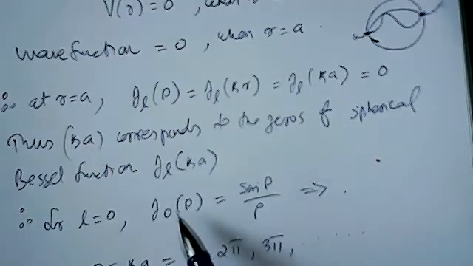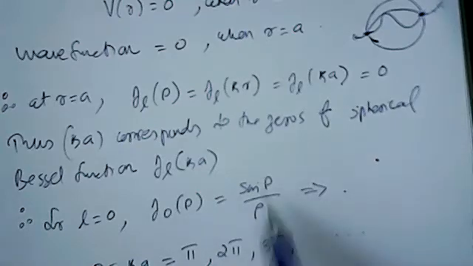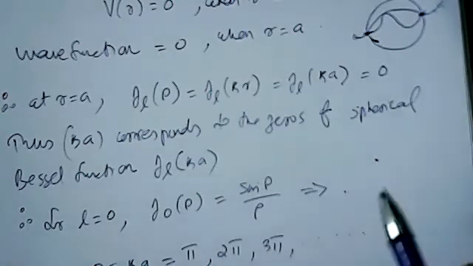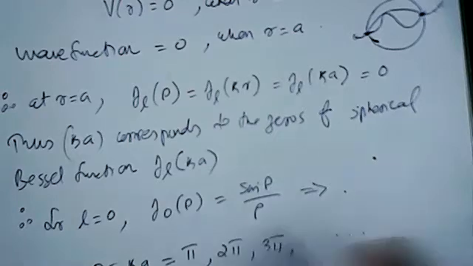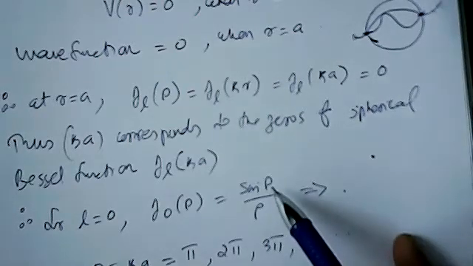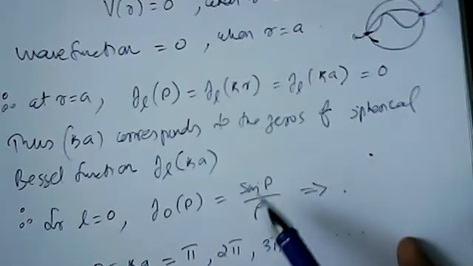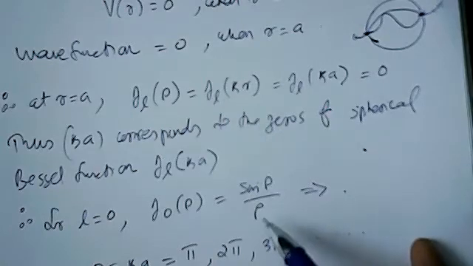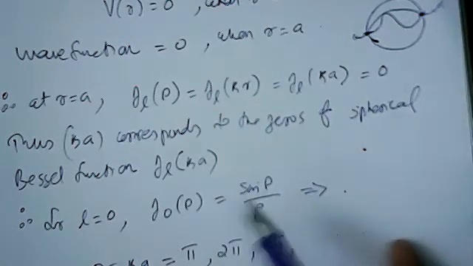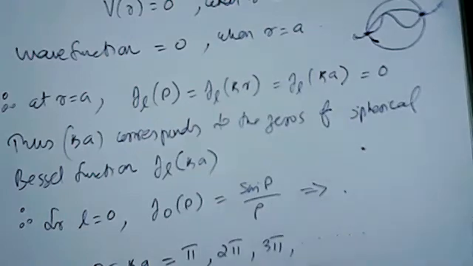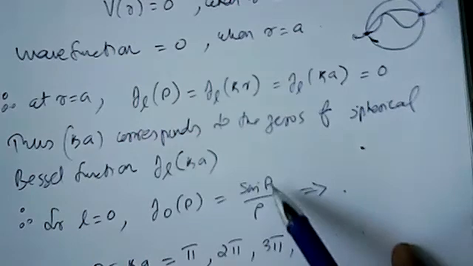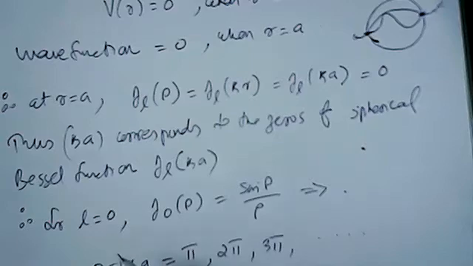What is the value of rho for this to be 0? This is like sine theta by theta. So when rho equals ka, it should be 0 at the boundaries.